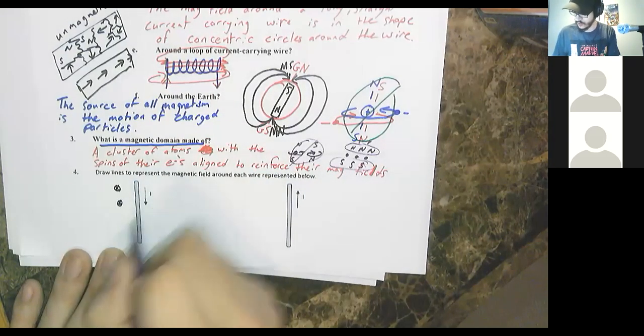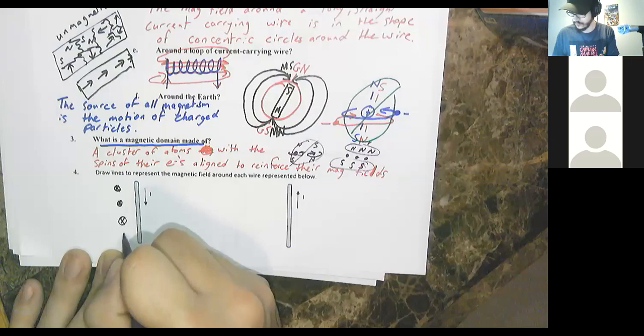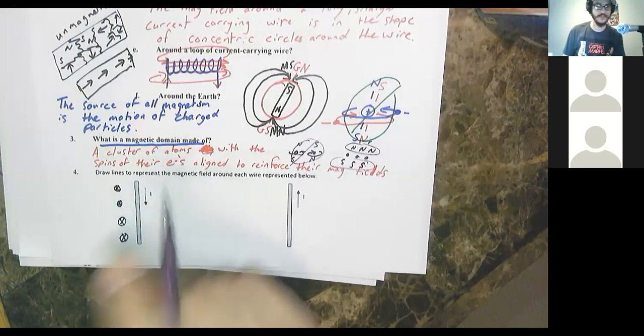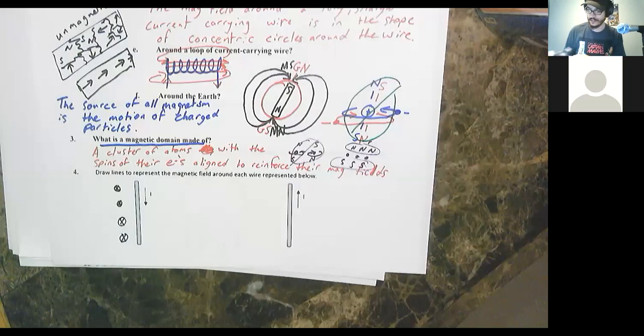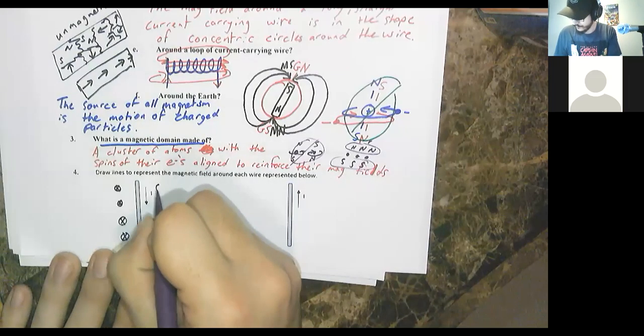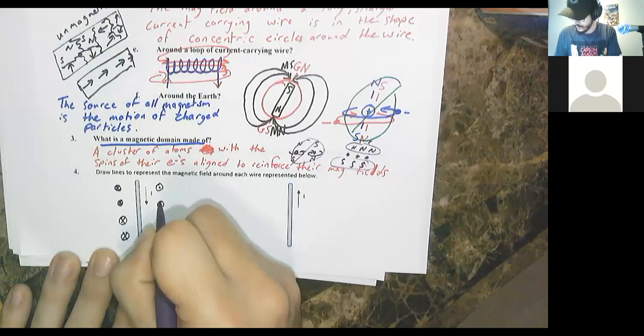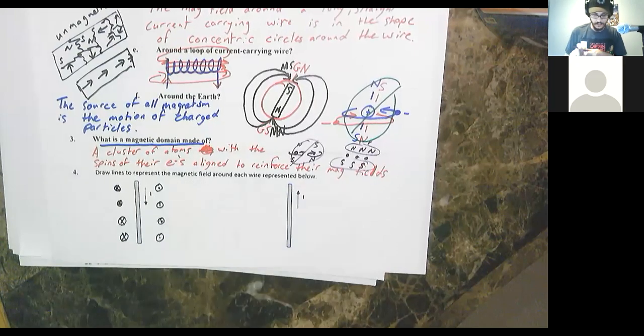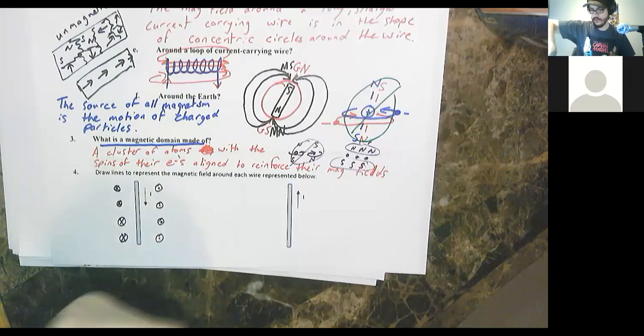Into the page, you draw circles with little X's. Hopefully you remember that from like the fletching of an arrow. If not, go back and watch my older lectures. And then over here, they're going to curl back up. And here are the points of the arrows coming up. And remember that these are concentric circles.